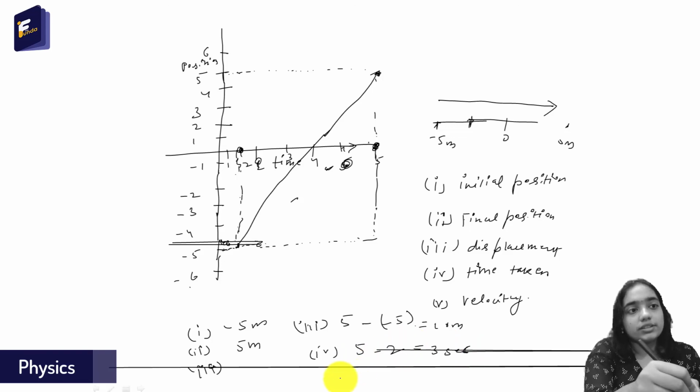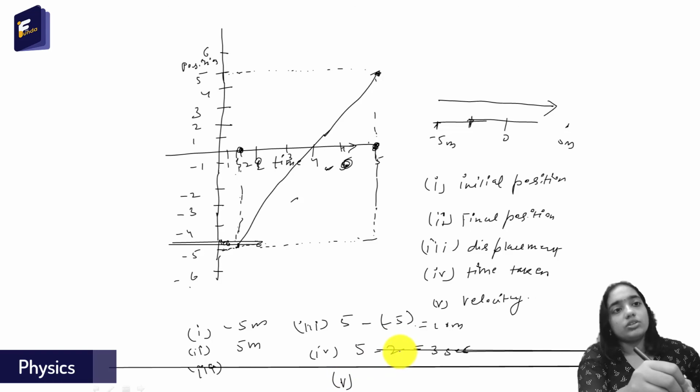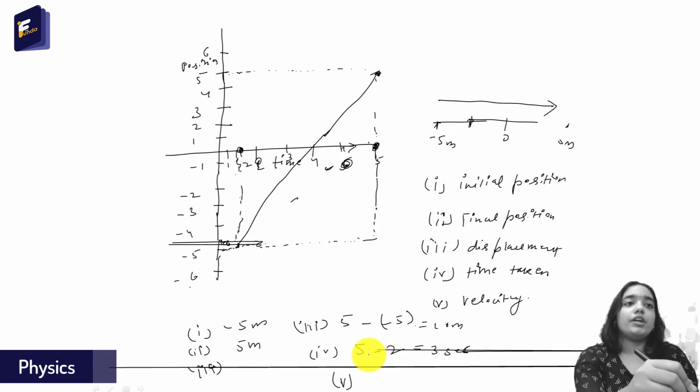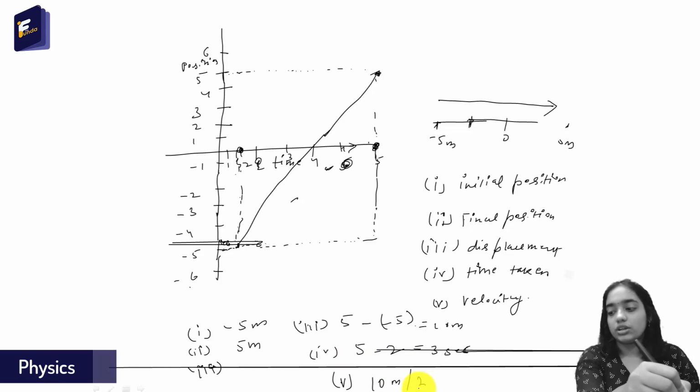Next we will discuss the velocity. It is very easy. We know the displacement and we know the time. So velocity is total displacement by total time. So it is 10 meter by 3 seconds, that is 10 by 3 meter per second. It is plus 10 by 3 meter per second because the displacement is plus 10.